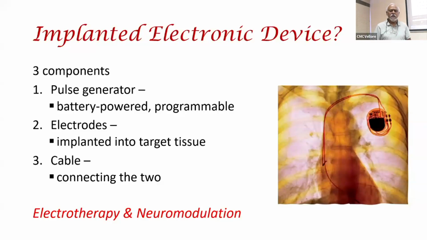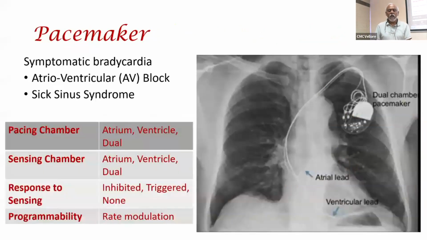That's essentially it. And basically what it is used for is electrotherapy and modulation, or various kinds of things. So we'll see a bit more details into it. And the one that is most common and you're most familiar with is a pacemaker, a straightforward pacemaker.